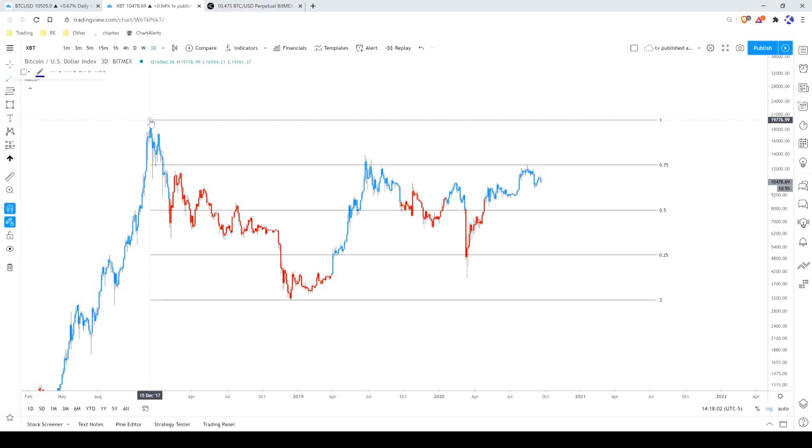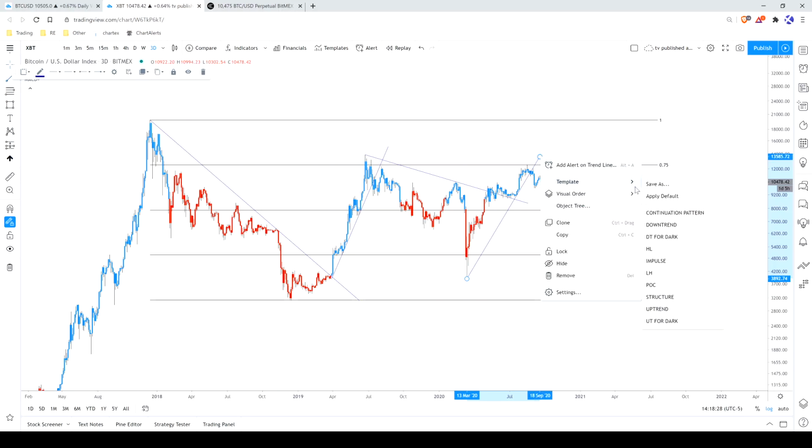Some of the reasons why I feel this way: we had to move up or move down here, that broke out, resulted in an uptrend, which broke down, resulted in a downtrend, which broke out, and ultimately resulted in an uptrend that broke down.